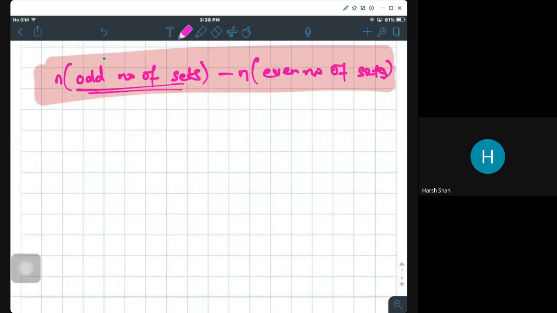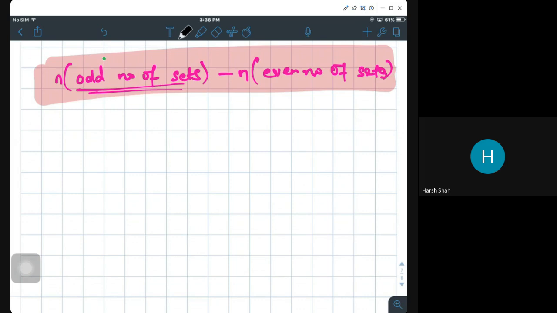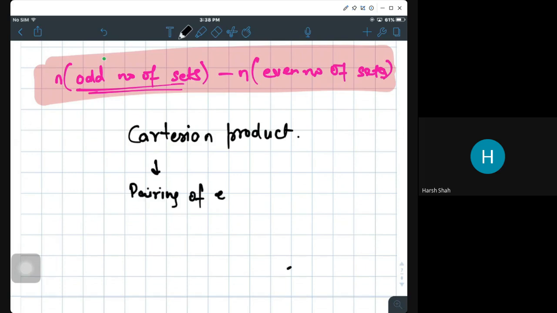Now, after this, if we have one set, I can multiply it with the same set, right? That is called the Cartesian product. Cartesian product is just pairing of elements of one set with another set.